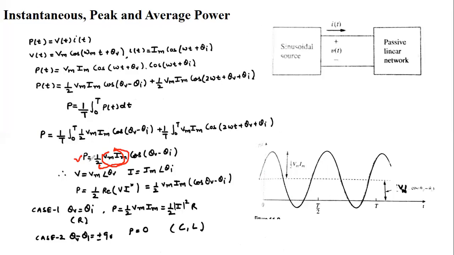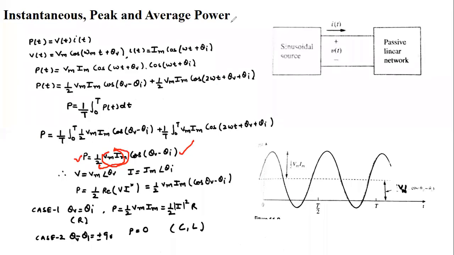So the average value of power is half Bm Im cos(theta b minus theta I), and the maximum value is Bm into Im. And the maximum average value in the circuit occurs if theta b becomes theta I, so cos(theta b minus theta I) is 1, and the maximum average value is half Bm into Im.